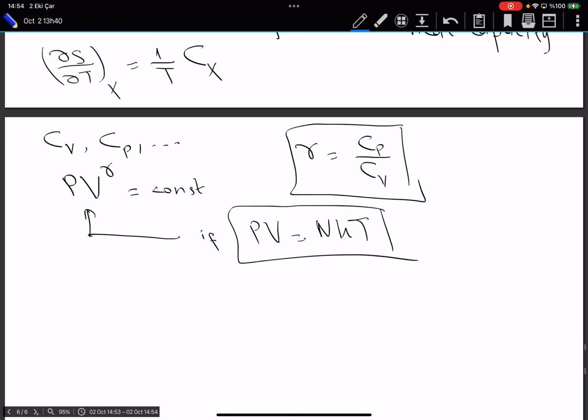If this equation is satisfied, then PV to some constant is constant, and that gamma depends on the kind of ideal gas. We will see that PV equal to NkT is quite general. And the definition of an ideal gas is not very restrictive. You have many different gases which behave like the ideal gas, but they have different specific heat at constant pressure, specific heat at constant volume, and they have different gammas.